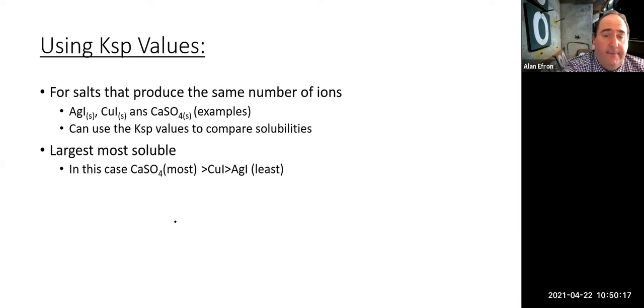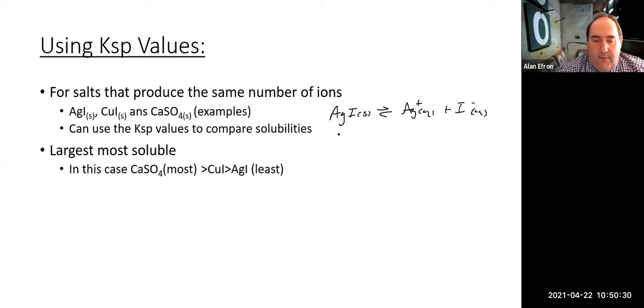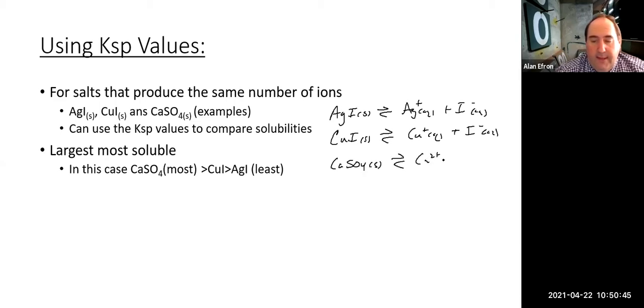So for example, if we look at silver iodide, when silver iodide breaks apart, you get a silver ion and an iodide ion. When copper(I) iodide breaks apart, you get a copper ion and an iodide ion. When calcium sulfate breaks apart, you get a calcium ion and a sulfate ion.